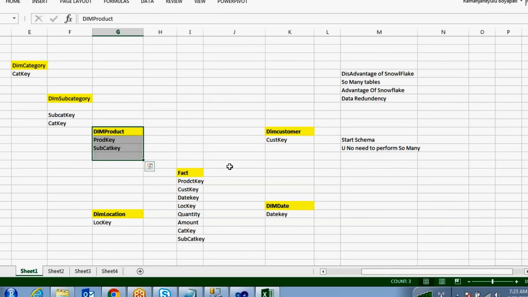But that will increase the data redundancy. Why do we do this normalization? Normalization means we are making big tables into small tables to reduce data redundancy, data duplication, and repeating a single value more than one time. Instead of that, we can convert the tables into small tables.